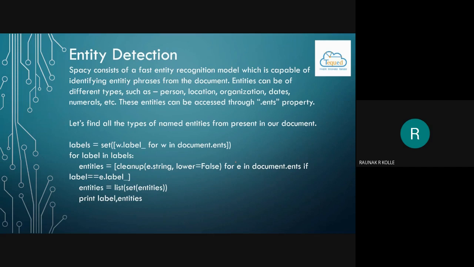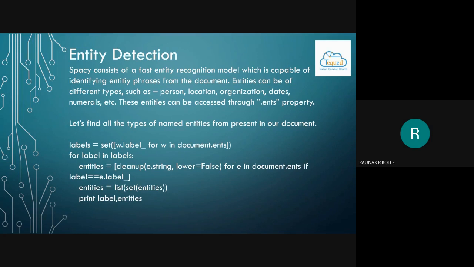Entities can be of different types, such as person, location, organization, dates, numerals, and so on. These entities can be accessed through the .ents property. Let us find out all the types of named entities from the present content in our document.